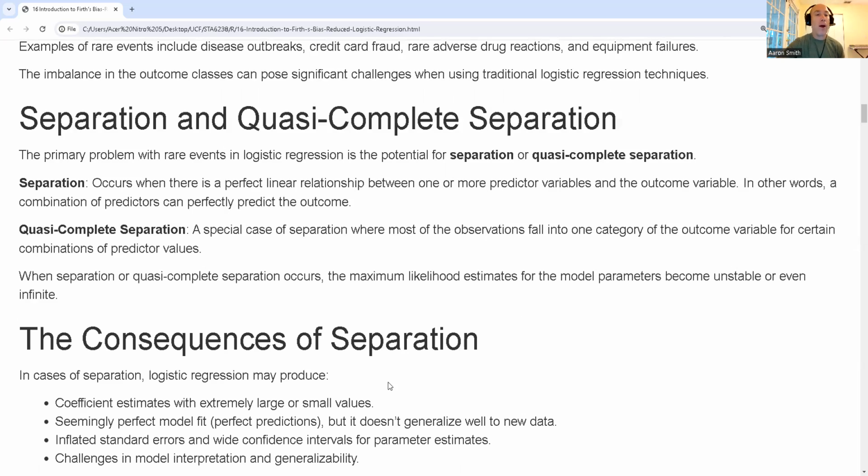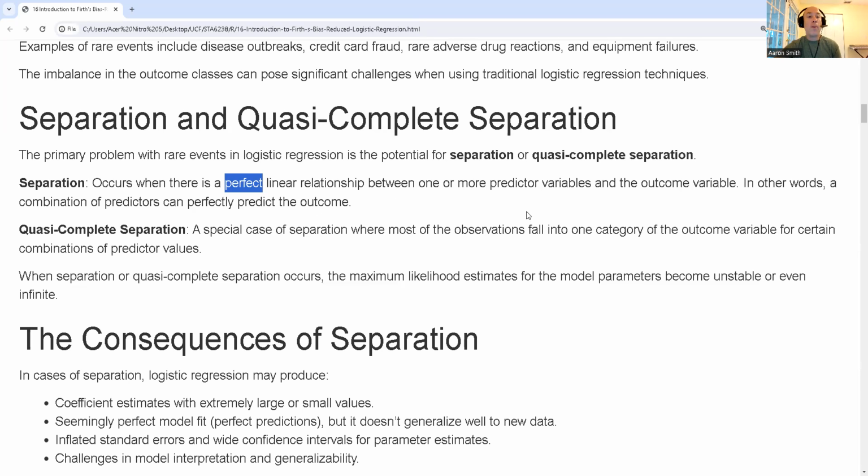All right, so now let's talk about the types of data that lead to trouble in fitting. Typically when we're doing logistic regression, it's separation and quasi-complete separation that causes problems. Separation occurs when there is a perfect relationship between one or more predictor variables and the outcome variable.